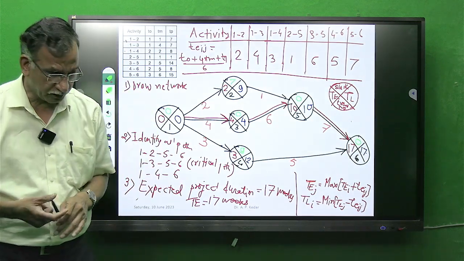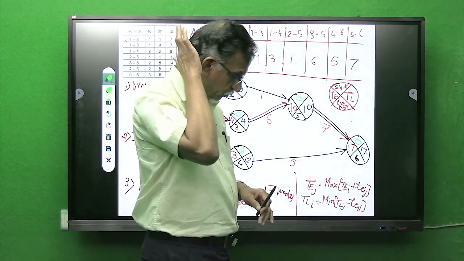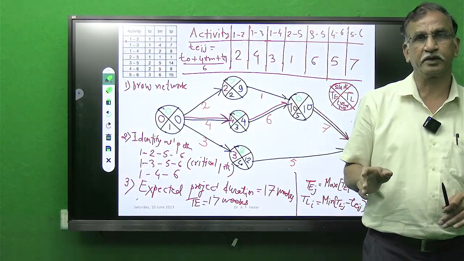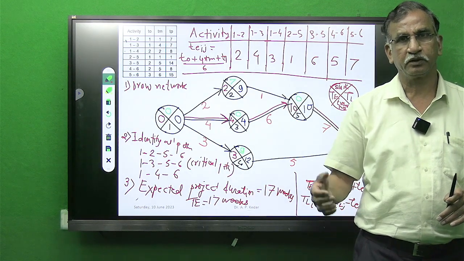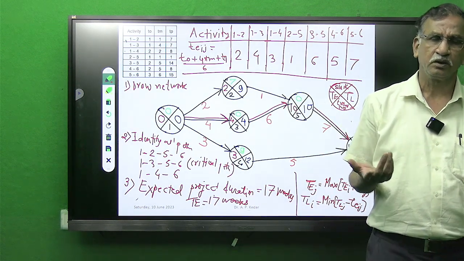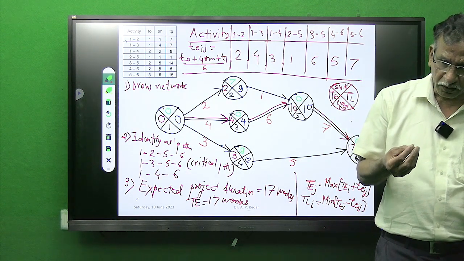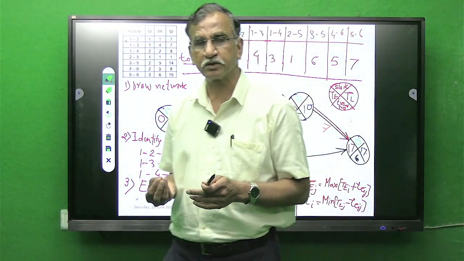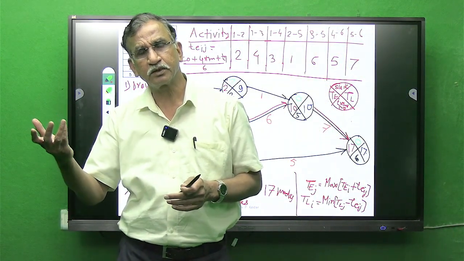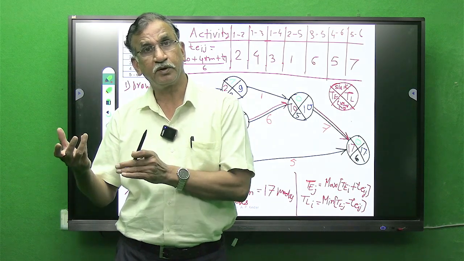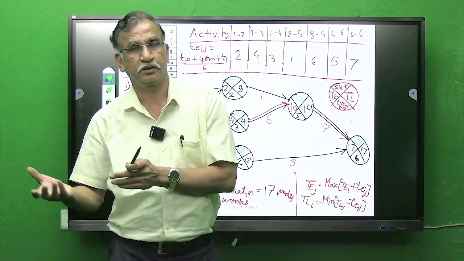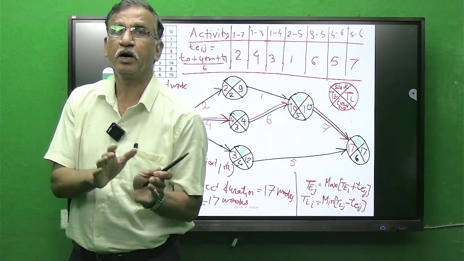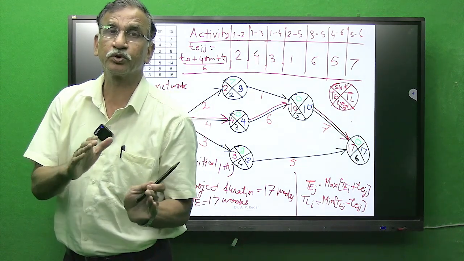Whereas if somebody is asking, your project takes 10 weeks, what is the probability that it will be completed in 20 weeks? Very naturally, the probability of completion will be on higher side, approaching towards 100. Not exactly 100, but more than 50%.